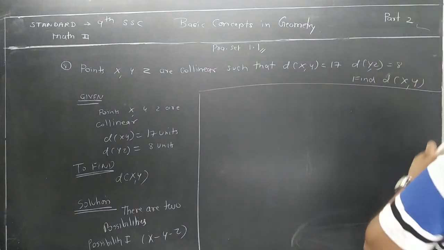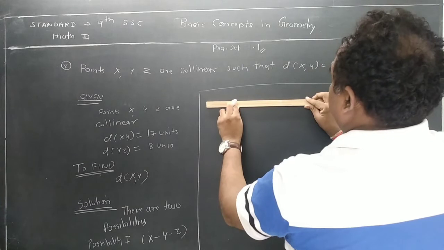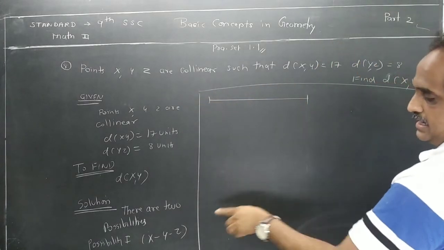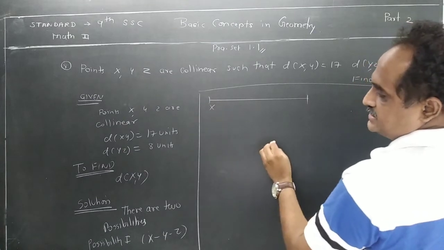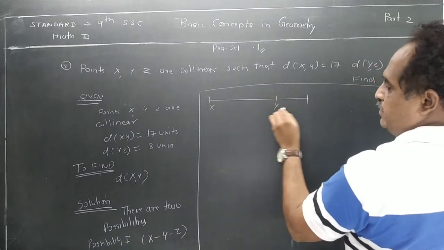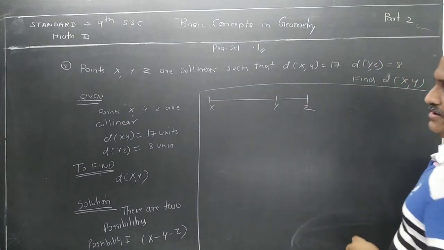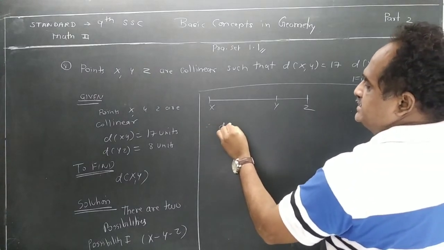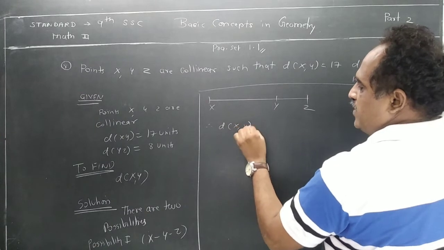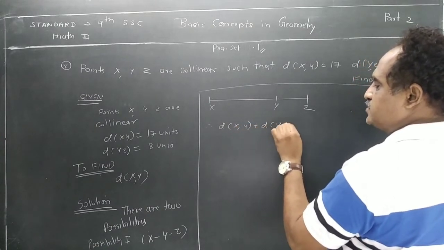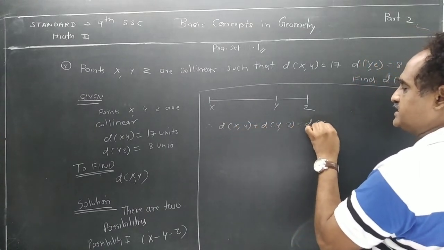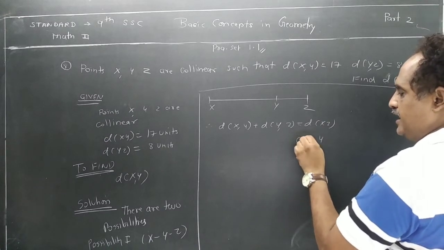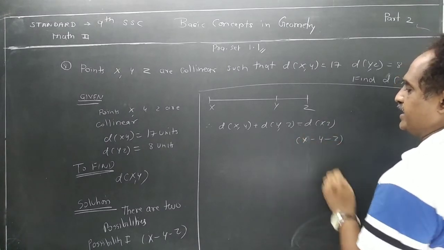How are we going to draw it? You draw a straight line, and this is X, this will be Y, this will be Z. Therefore, distance XY plus distance YZ is equal to distance XZ, and X, Y and Z are collinear points.